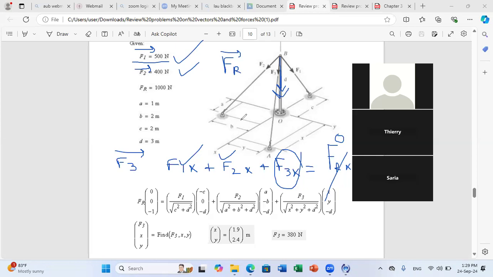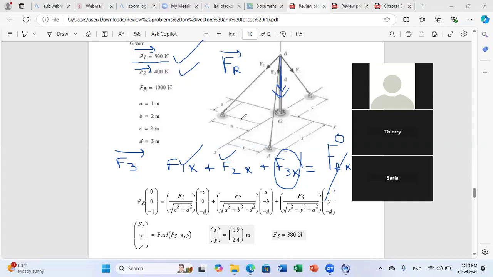Okay, the first step is to identify what you know and what you don't know. F3 is the only vector unknown. You have everything about all other vectors. So you can say, since I don't know anything about F3, let me calculate the components of F3, F3x, F3y, and F3z. I just write the vectorial equation.